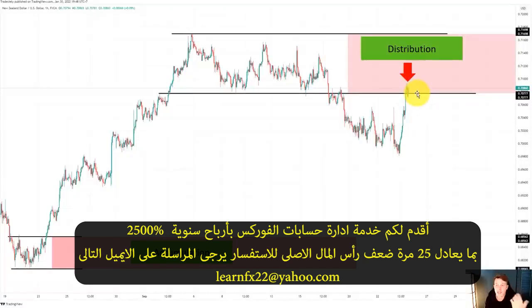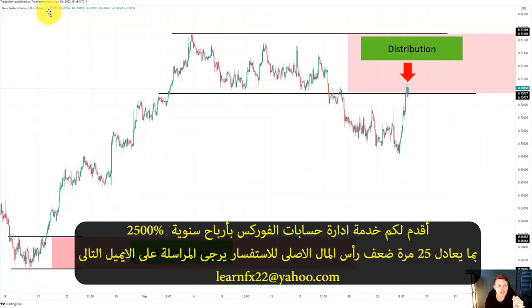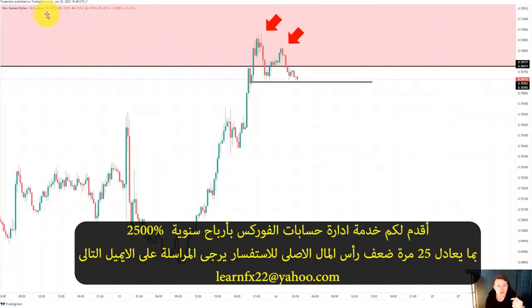The idea behind this is that we are looking for the market to dip back into the distribution zone, pick up more selling momentum, and reverse this wave 2 corrective wave into the next impulsive wave, so wave 3 in Elliott wave theory. At this point, what we're going to do is drop to a lower time frame and observe micro price structure. You can see we are going now from the higher time frame 1 hour to the lower time frame 15 minute.